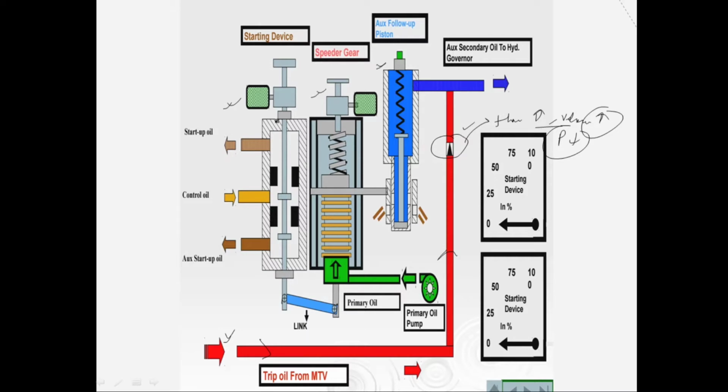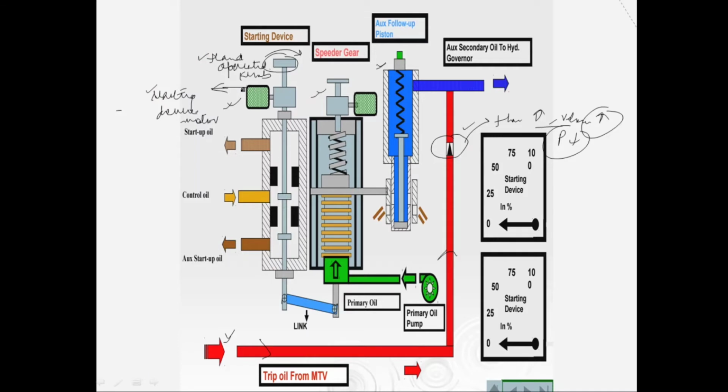In this enclosure you can see there is a motor, a starting device motor, and there is also a hand operated wheel or hand operated knob.